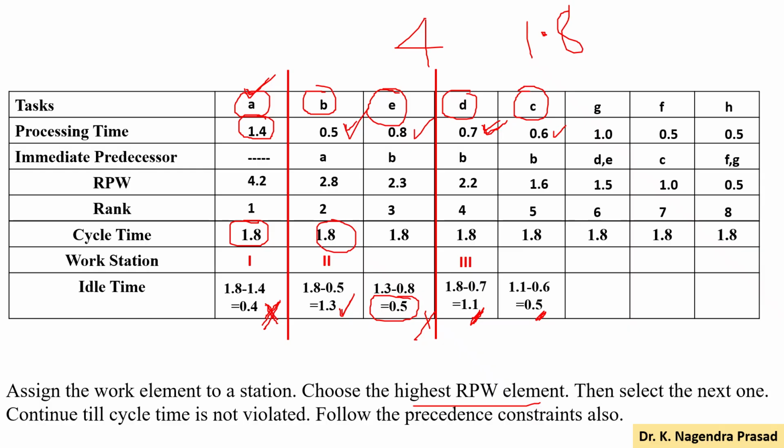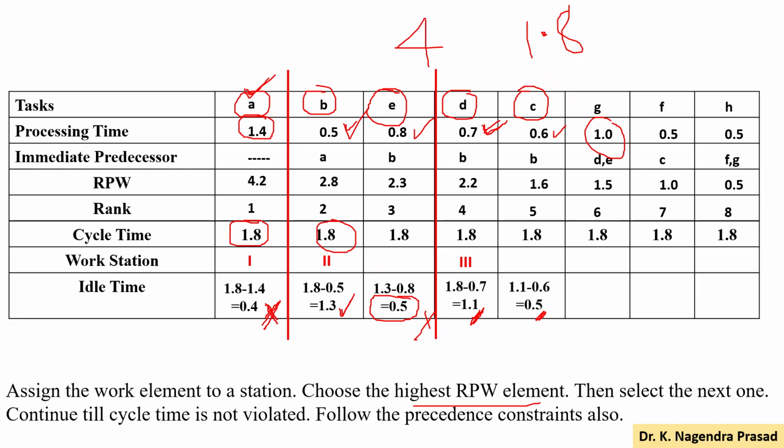So next we have to move to the next task, that is the task G. For the task G, processing time is 1.0, but availability time is only 0.5.